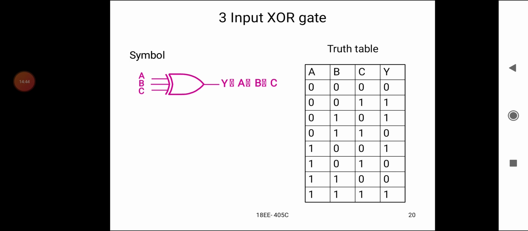The corresponding outputs: when inputs are 0 0 1, output is 1. 0 1 0, output is 1. 1 0 0, output is 1. All three inputs 1, then output is 1. When an odd number of inputs is high, the output is 1.